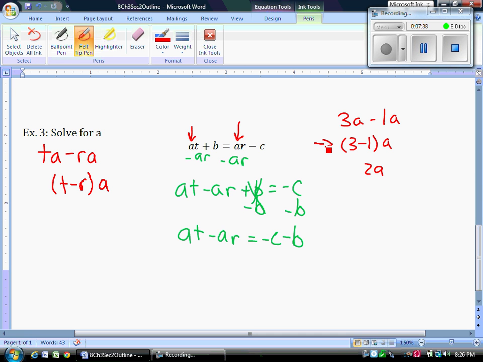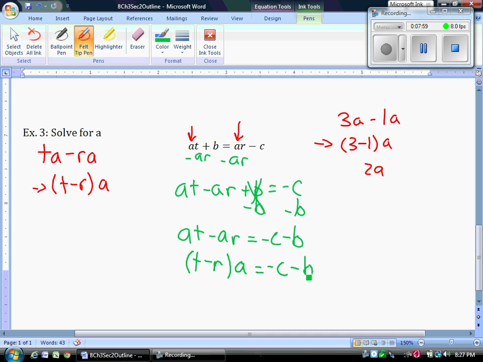Subtract the coefficients, multiply times A. Over here, subtract the coefficients, multiply times A. So what this turns into is T minus R times A equals negative C minus B.